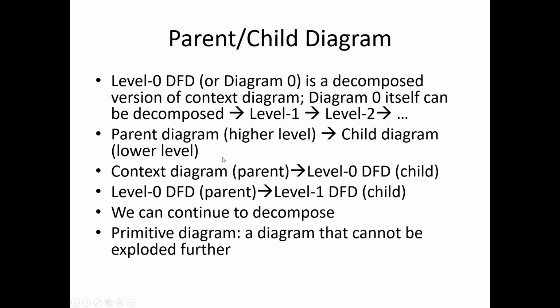In other words, we can decompose a parent diagram or a higher level diagram into child diagrams or lower level diagrams. We could continue to decompose. And finally, we have primitive diagrams, which can't be decomposed further.